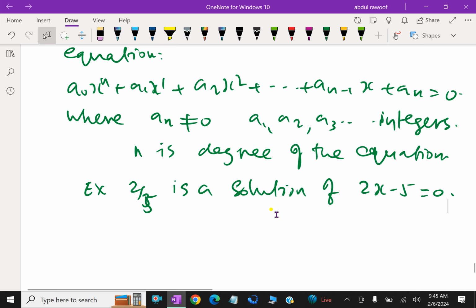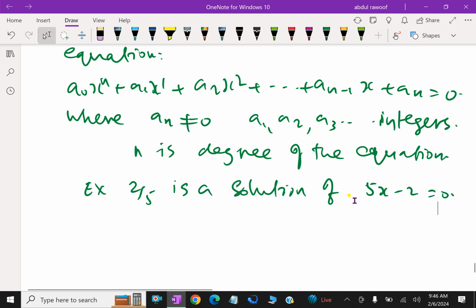We know that 2 by 5 is a solution because if you solve 5x minus 2 equals 0, that is 5x equal to 2, and x equal to 2 over 5 is the solution.